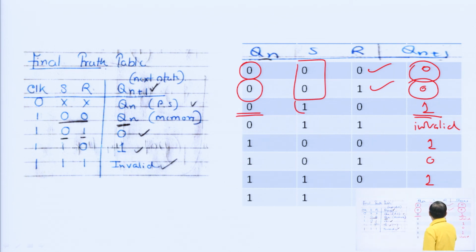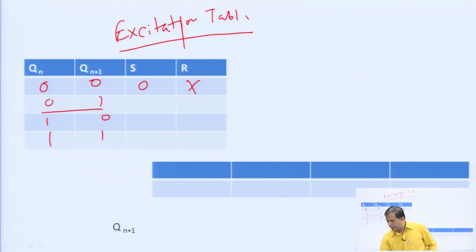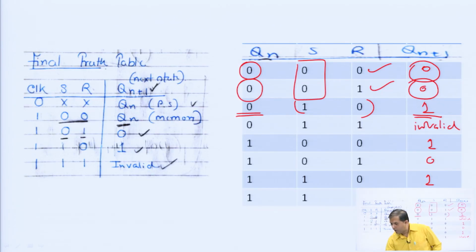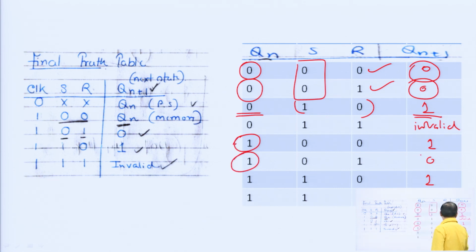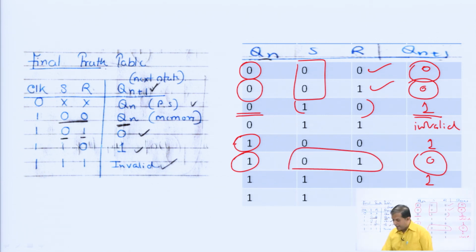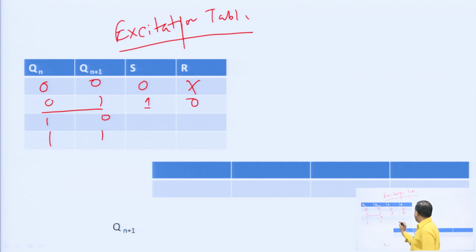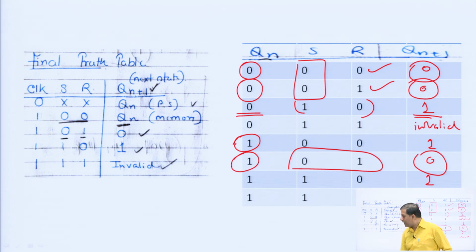Then for the 0 1 combination, there is only one place like this, so S R is 1 0. We can write it as 1 0. Next for 1 0, we have 0 1. And last, 1 1: where is that?